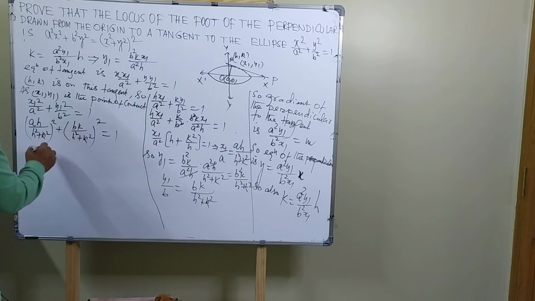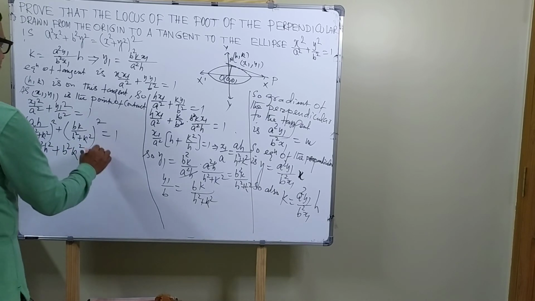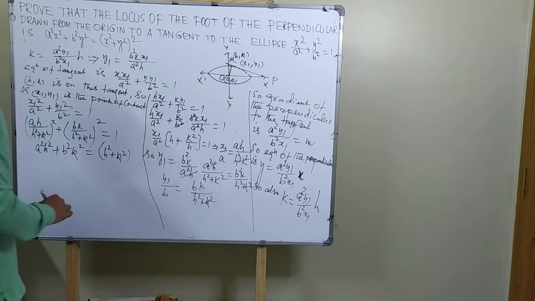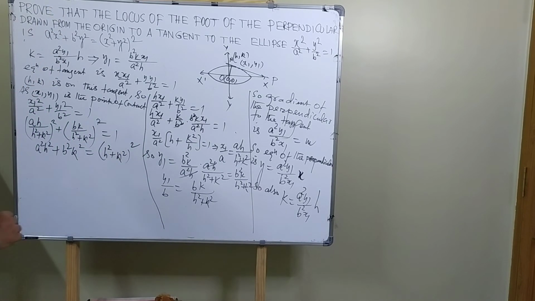So we get a square h square plus b square k square equal to h square plus k square, whole square.